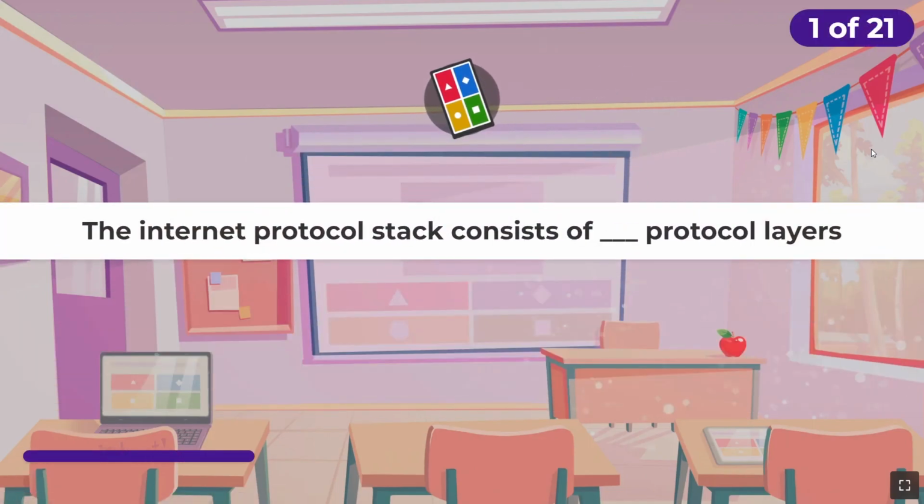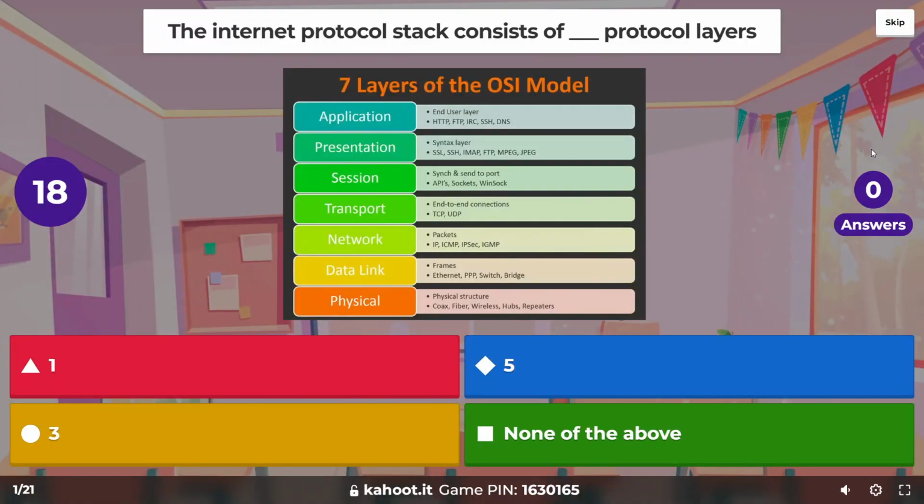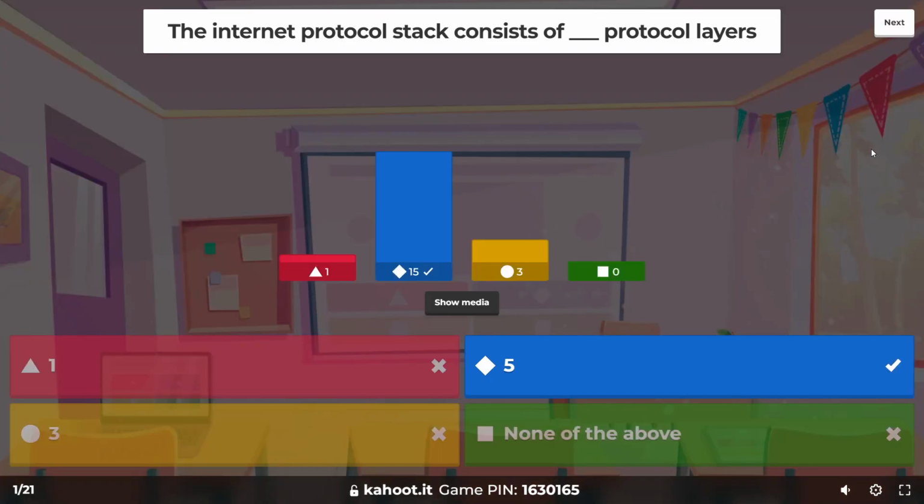I think the first part is easy. Internet protocol stack consists of how many layers? Yeah, should be 5 layers.